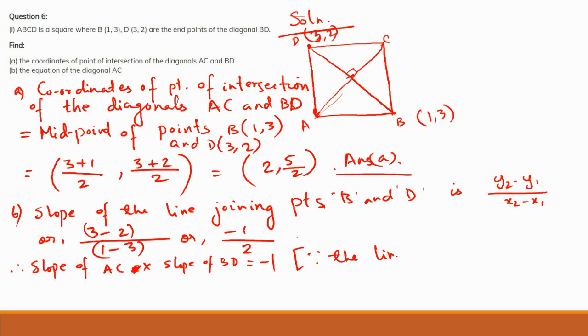Since the lines BD and AC are perpendicular to each other, their slopes multiplied should be equal to -1, right? So we already know this. We already found the slope of BD as -half. So slope of AC equals 2.